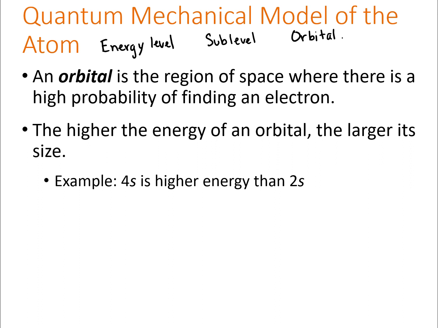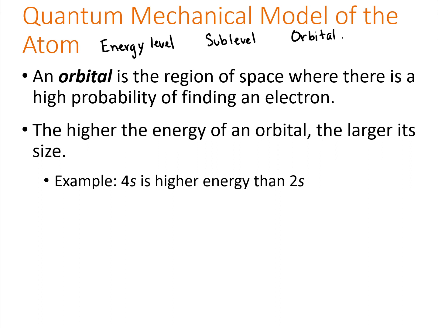Then we've got orbitals. That would be like the parking spot. So you know where you parked. You have a pretty high probability of finding your vehicle there. If it's not there, you need to call AAA, or maybe somebody had you towed because you parked there when you shouldn't have. But in most circumstances, the parking spot that you parked in is where you'll find your vehicle. That's where you have the highest probability of finding it.